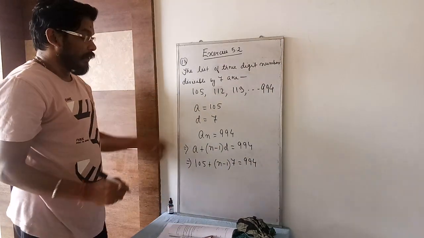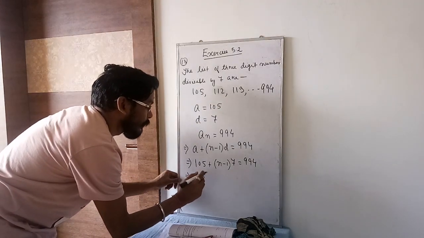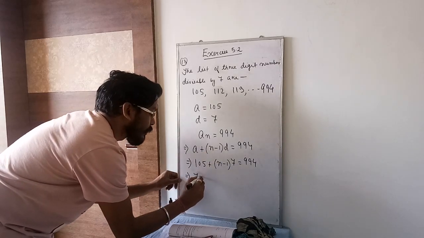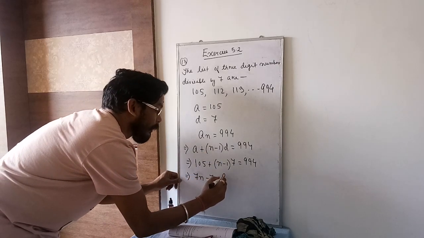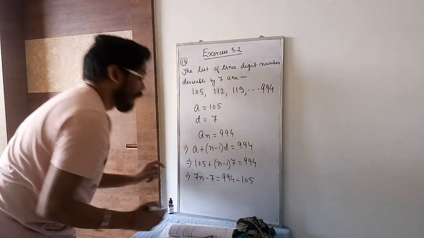Take the screenshot. I will rub the upper part. So it is 105. 105 you can take on the other side, and if you want you can multiply this one. So it is 7n minus 7, 994 minus 105.